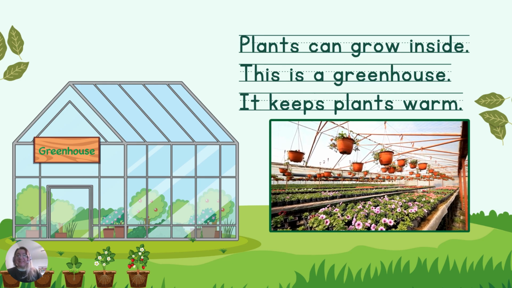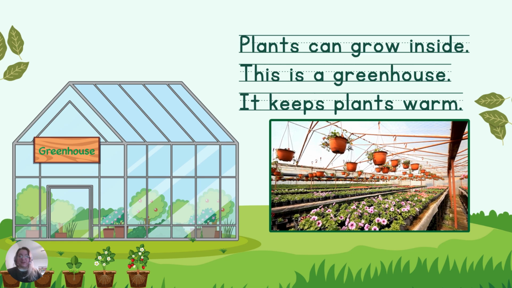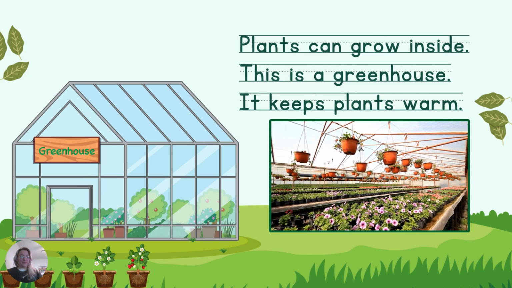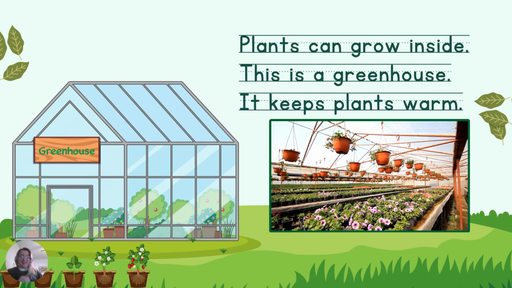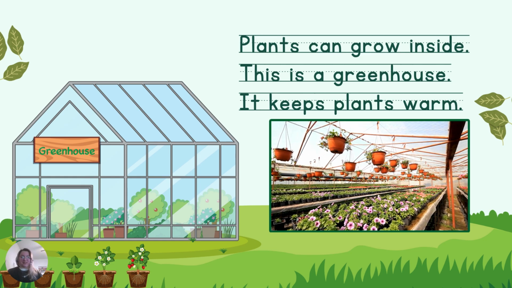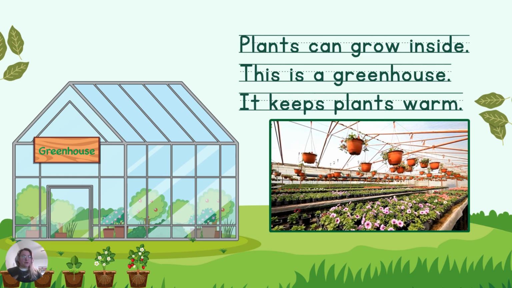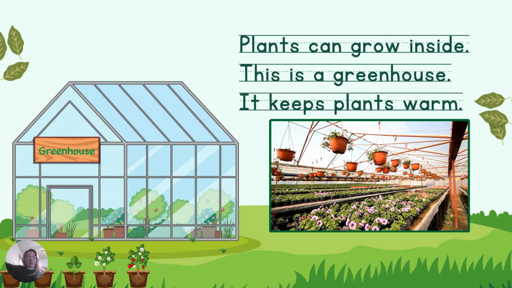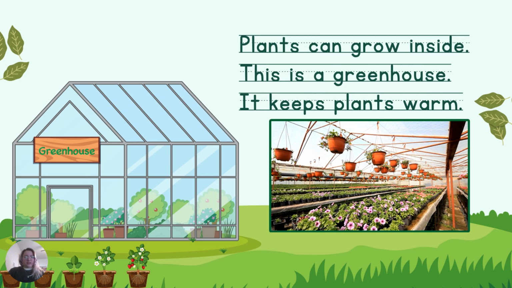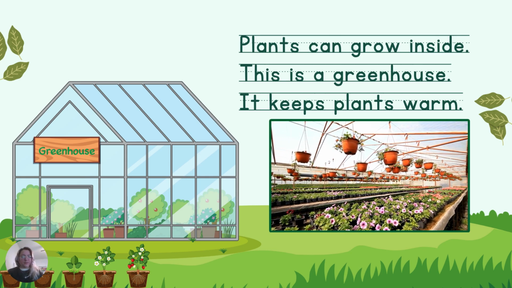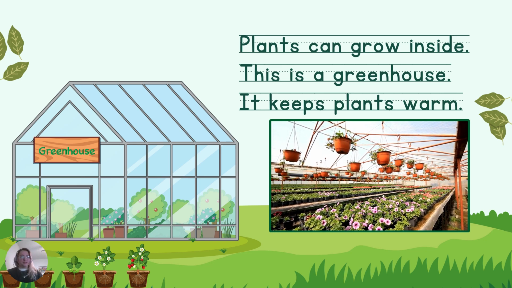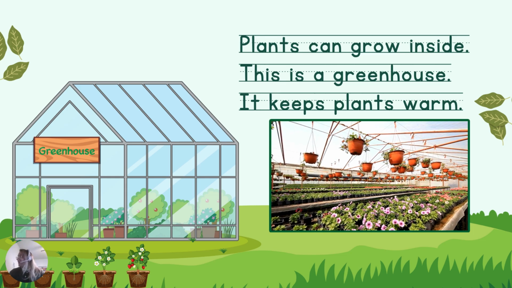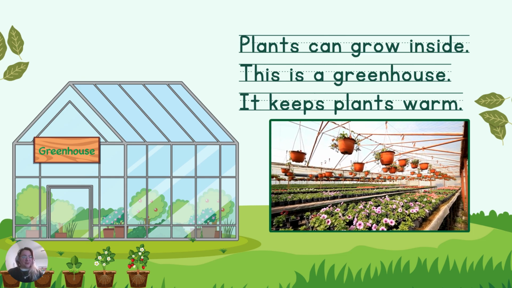Plants can grow inside. This is a greenhouse. It keeps plants warm. Do you have plants in your house? What do you notice about the greenhouse compared to your house? Look at your walls. Look at our pictures. Can you see through them? Yes, that's right. The walls are all made of windows.